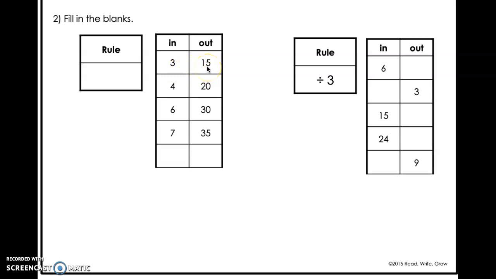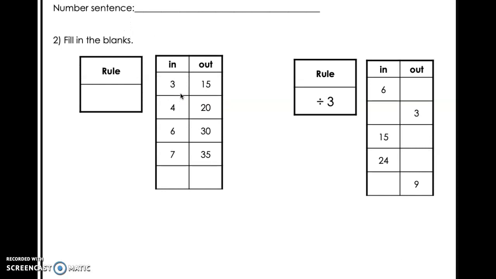That would be 12. Let's see if 12 works with this one. 12 plus 4. If we put 12 as our rule, it has to work with everything. 12 plus 4, 12, 13, 14, 15, 16. No, that doesn't work. So it's not subtraction. It's not addition.